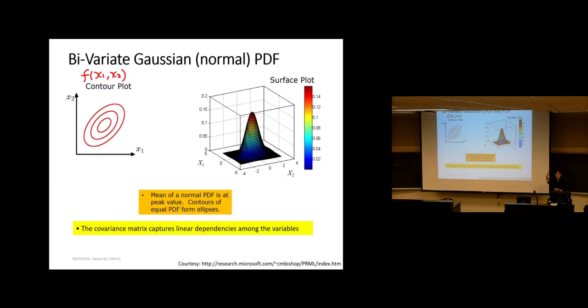In regression we visualized the loss function; here we visualize the probability density function. In the surface plot, the y-axis is f(x1, x2), the probability density function.